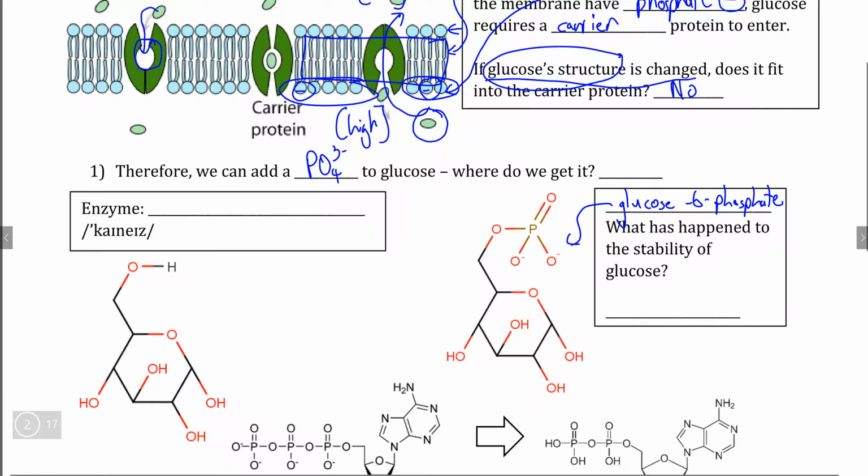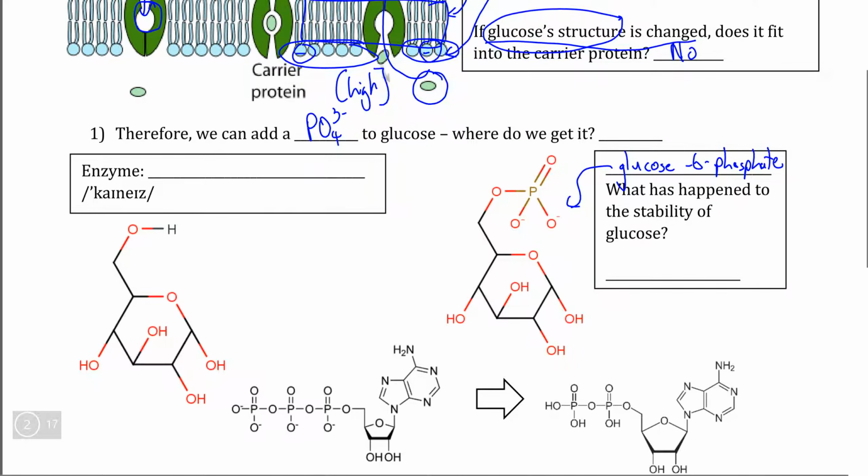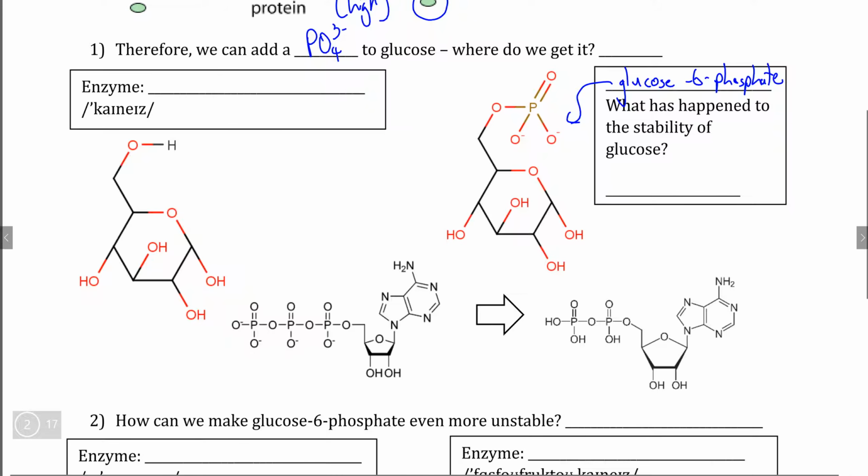So, where did this phosphate come from, and how did we get it onto glucose? Well, as we know, most phosphate is transferred between different molecules within the body or within a cell using ATP. And if you remember the mechanism that we use for nucleotide polymerization, this mechanism works in a very similar way.